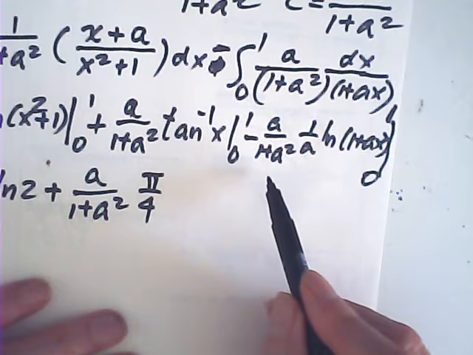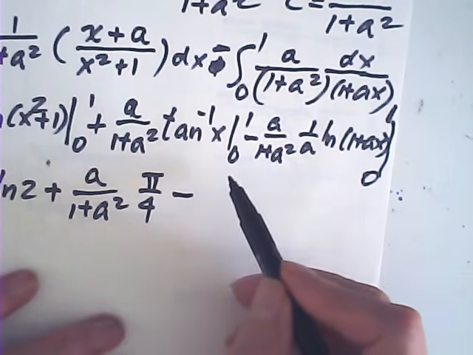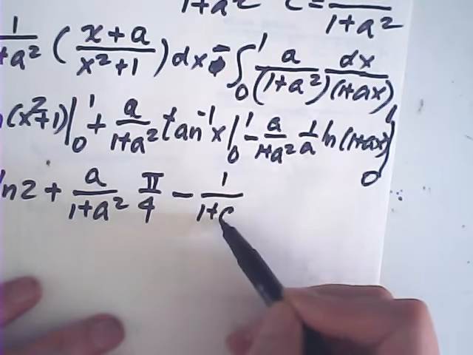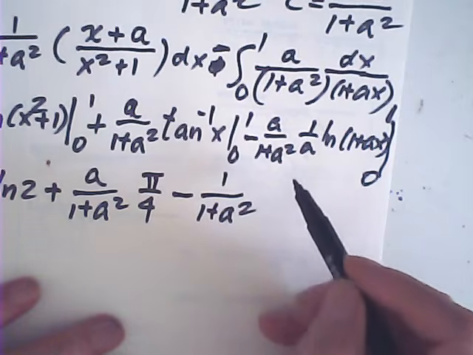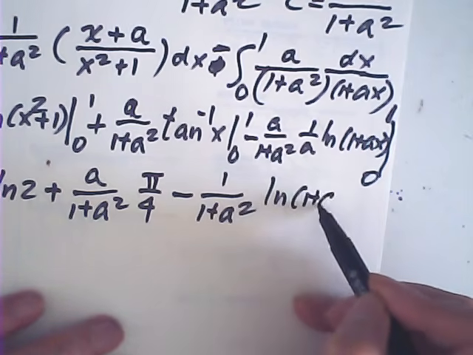For the last integral, it is minus, a cancels out, 1 over 1 plus a squared and log of 1 plus a.